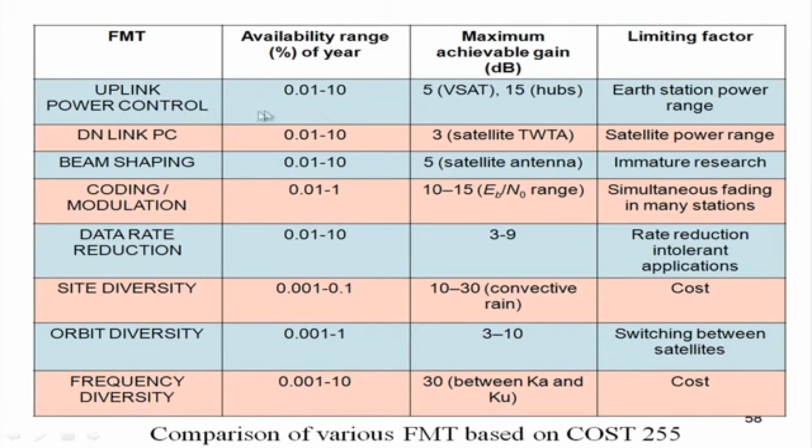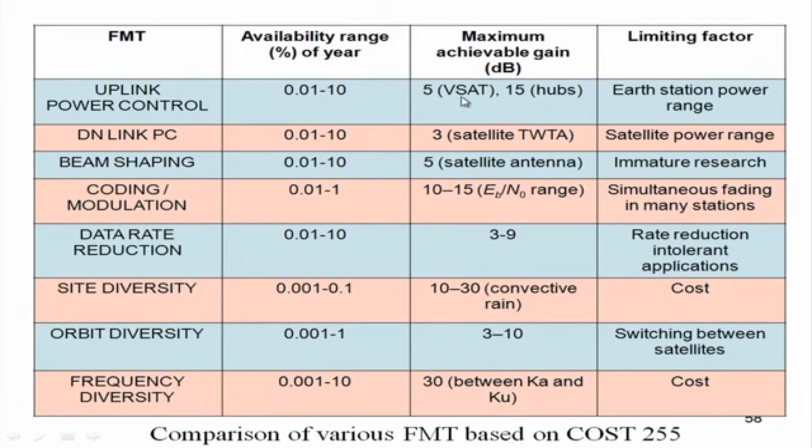Using uplink power control, you should look at this particular third column, which shows the maximum achievable gain. For VSATs you get 5 dB, while at the hub you can get a 15 dB advantage. We will discuss the ground station during our topic on ground stations.